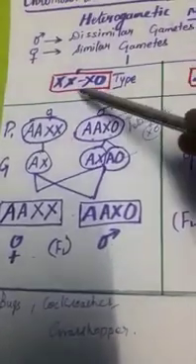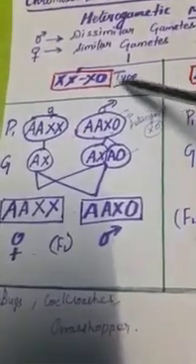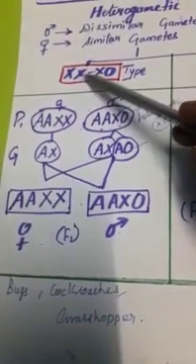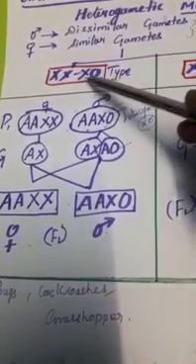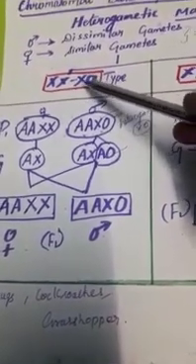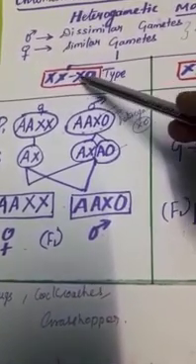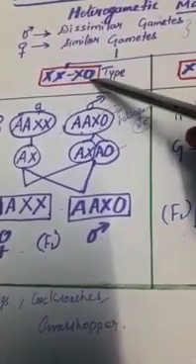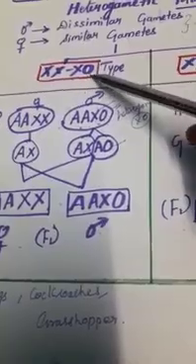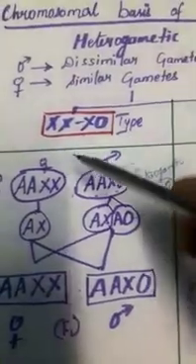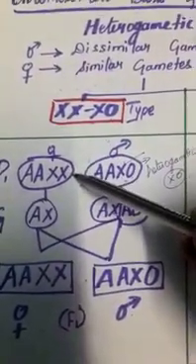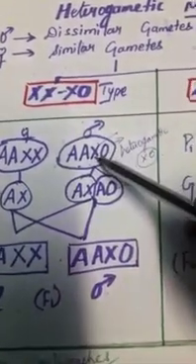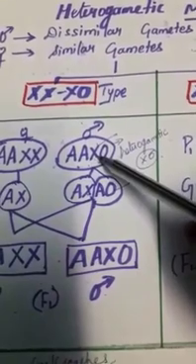The first one, XX and XO type, has a female with two similar X chromosomes producing a single type of gamete, and a male with a single X chromosome without a pair. We consider this heterogametic male.